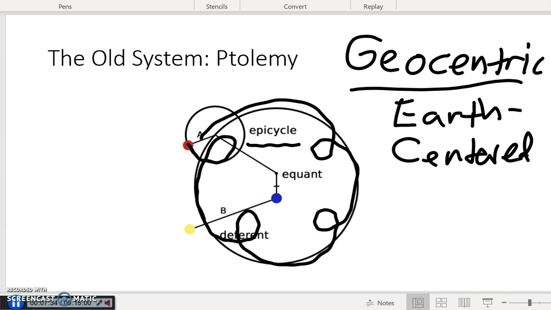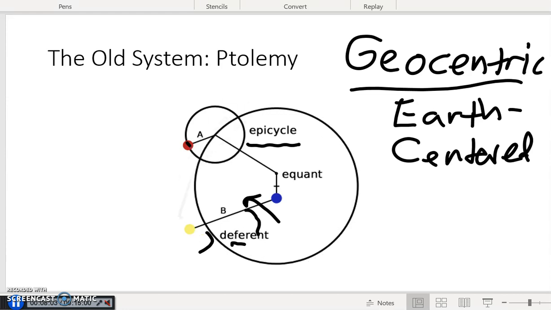That was how they explained the planets seeming to move backwards from time to time. Most of the time they would move in a preferred direction, and then when the planet was at the bottom of the circle of the epicycle, it would reverse direction and move backwards against the sky. And that was the earliest explanation for what we call retrograde motion.